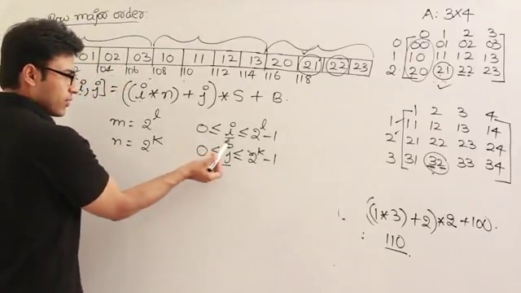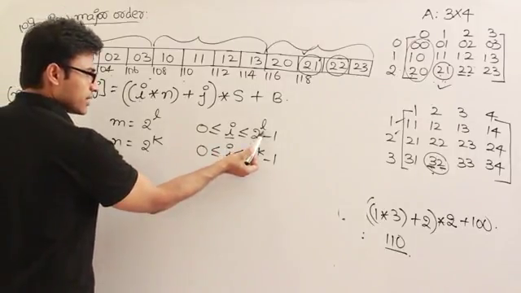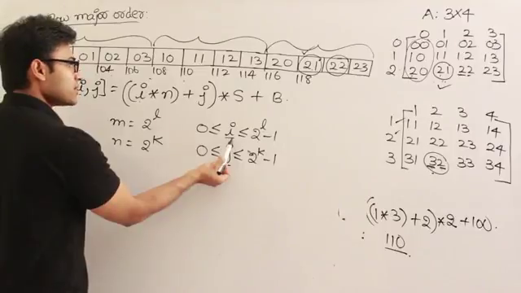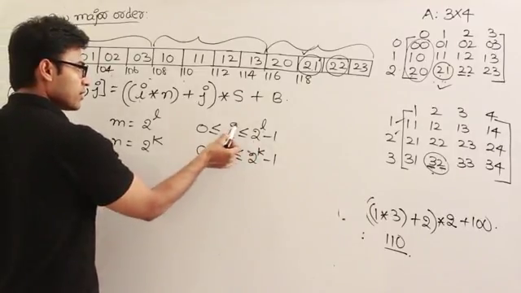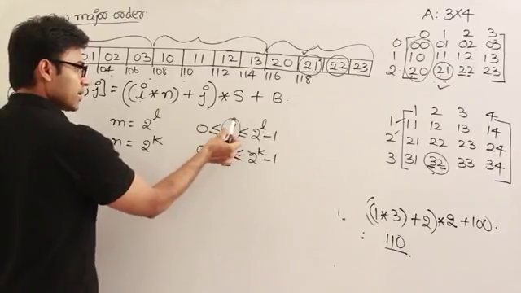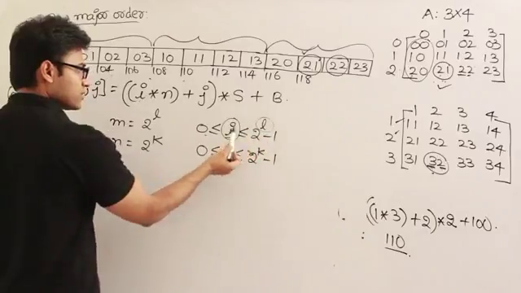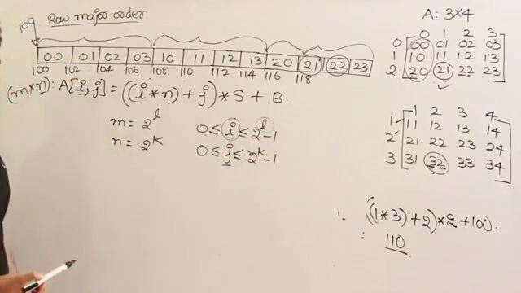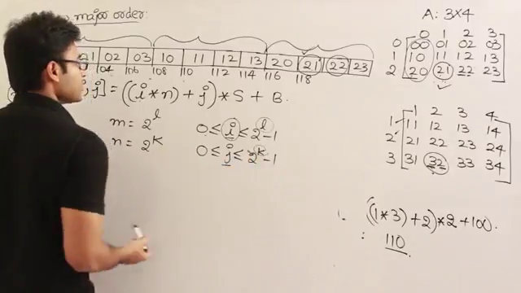Therefore, if you are never crossing the maximum number which could be represented using l bits, then how many bits are used to represent the number I? In worst case, l bits, right? Therefore, you can represent any number I if its range is 0 to 2 power l minus 1 using l bits. So l bits are enough to represent I. What about j? k bits are enough to represent j, isn't it?